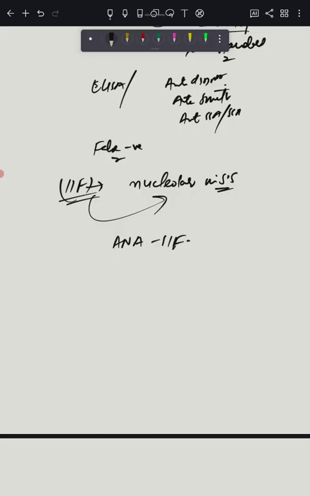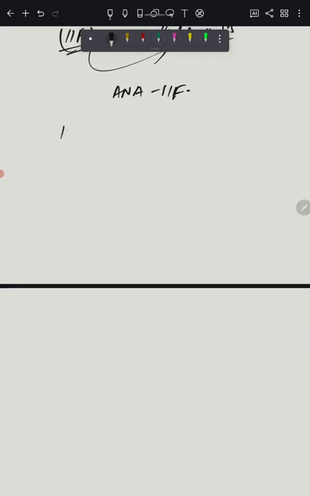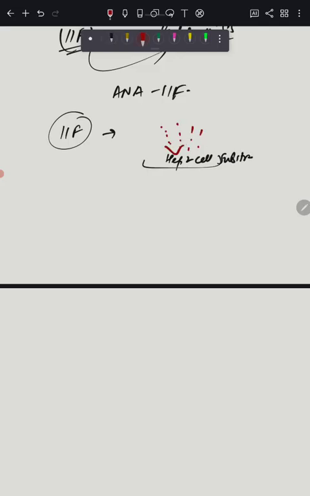So what do we do in indirect immunofluorescence? What is the process? We take the patient's serum and incubate it on the HEP2 cell substrate. What happens then?